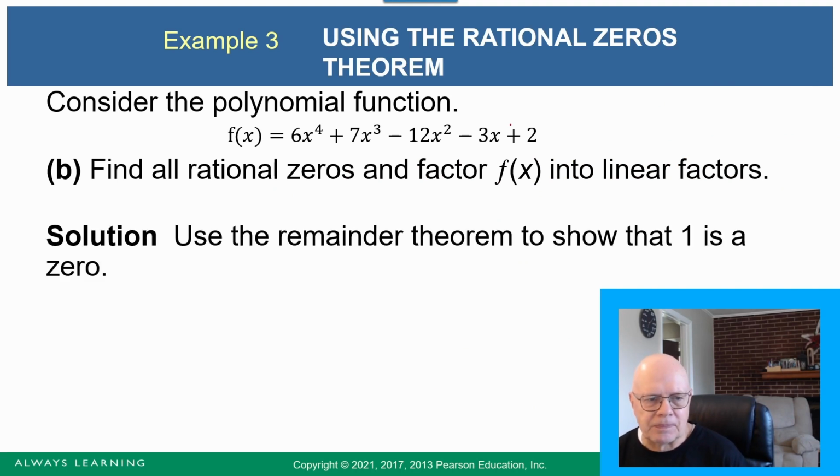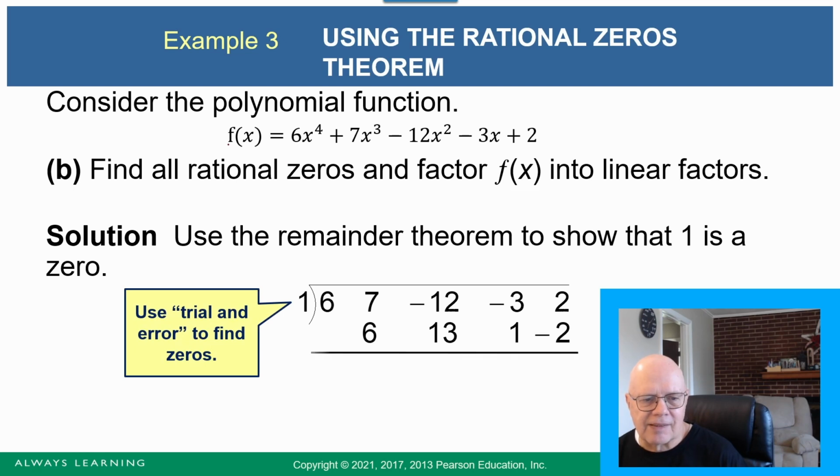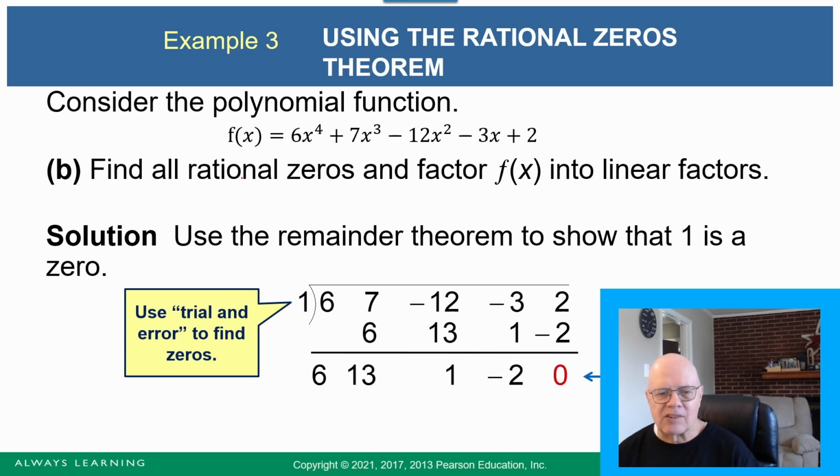So use the remainder theorem and show that 1 is a 0. So again, synthetic division to the rescue. We find that that gives you a remainder of 0. And so this 1 tells us that x minus 1 is a factor. And that 1 is a 0.